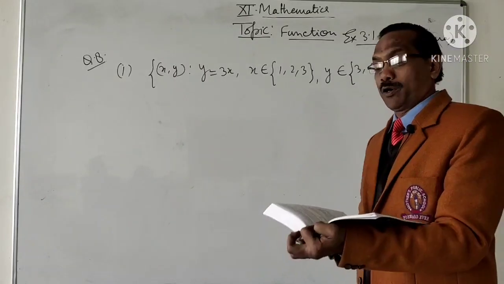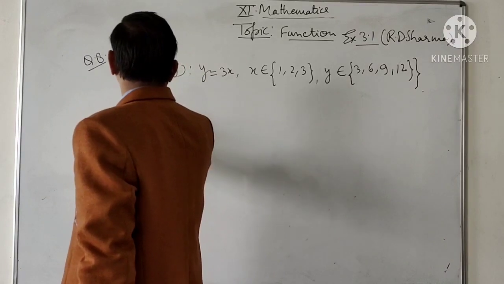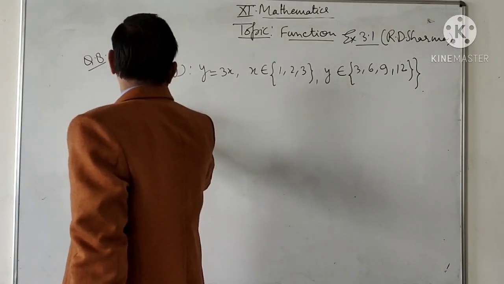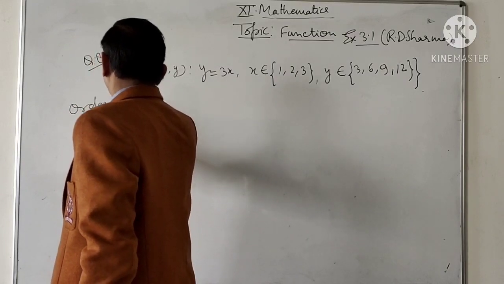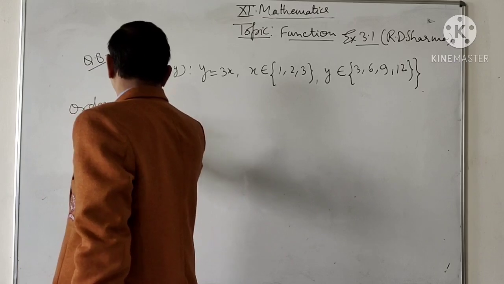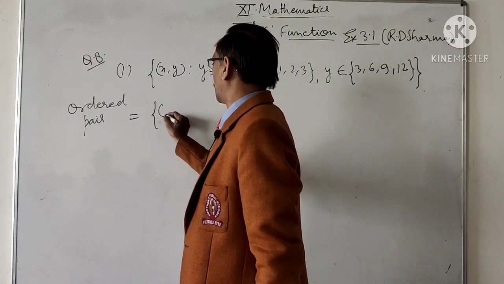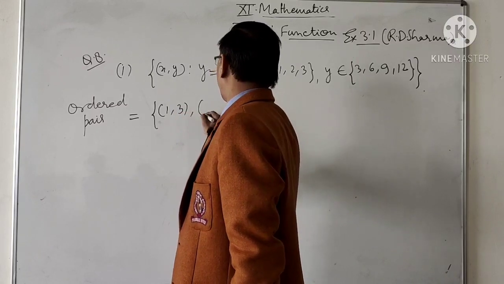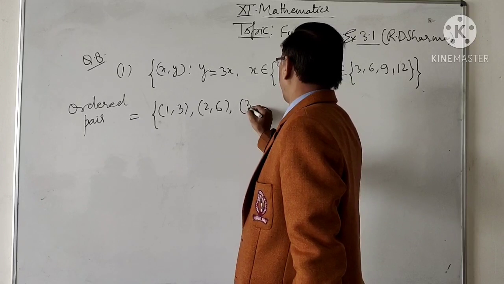So first of all, we will write this as a set of ordered pairs. The ordered pairs: when x is 1, then y equal to 3. So it is (1, 3), (2, 6) and (3, 9).